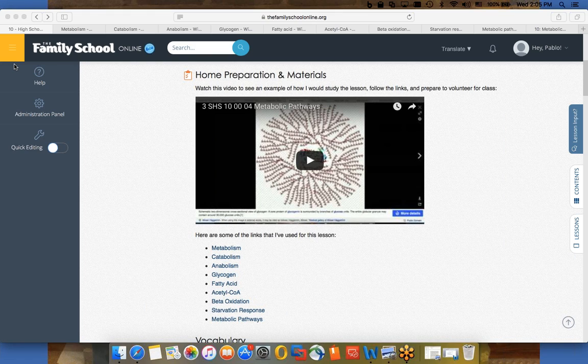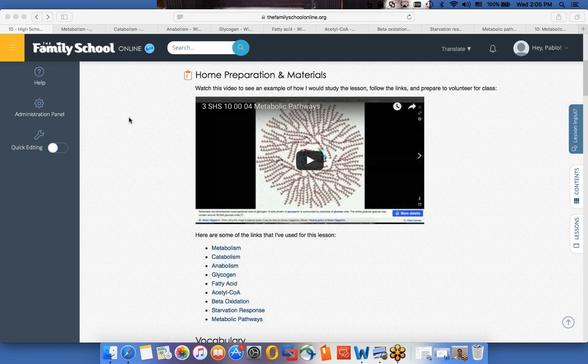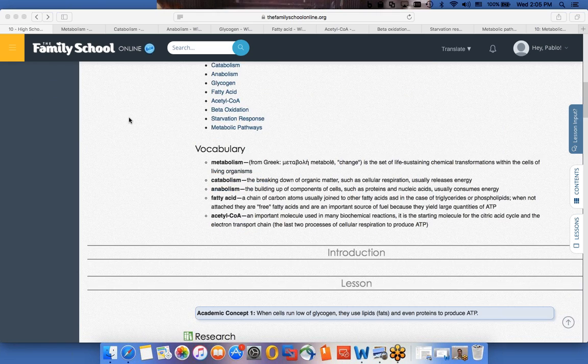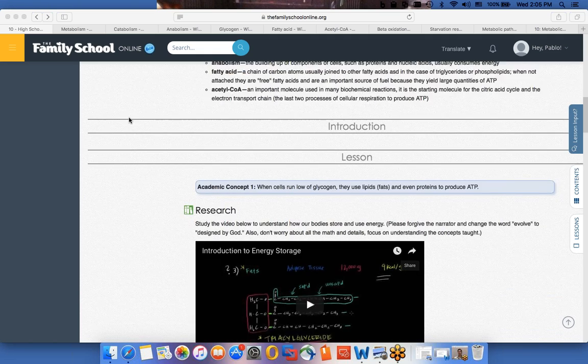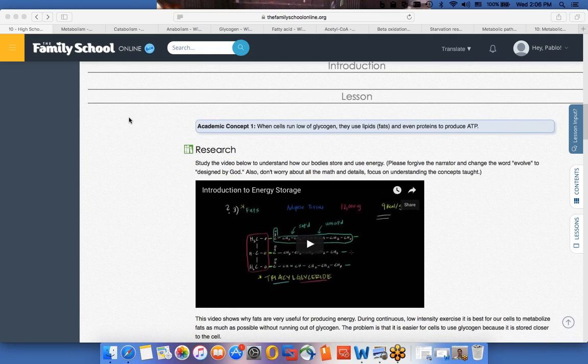What happened was that they ran out of glucose to burn, and so the body started shutting down because it couldn't produce enough ATP to keep going. So today we are going to look at some of the different pathways, or metabolic ways, in which the body can continue producing ATP.